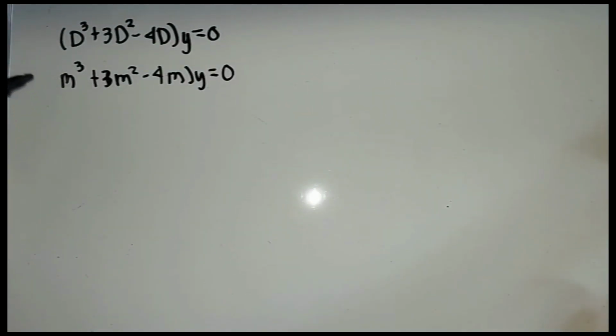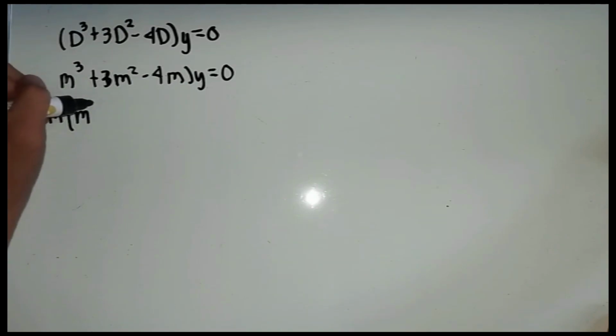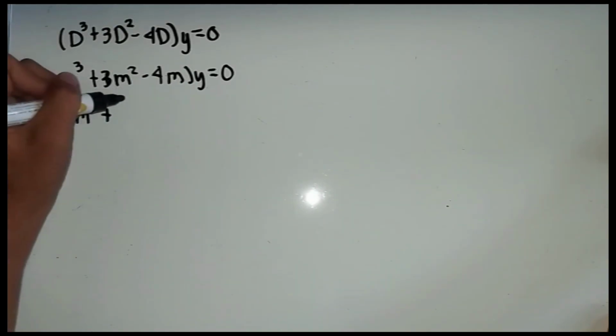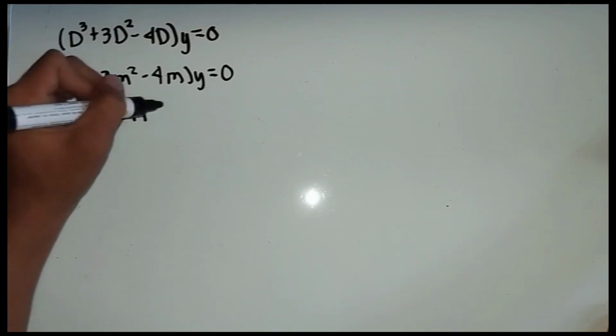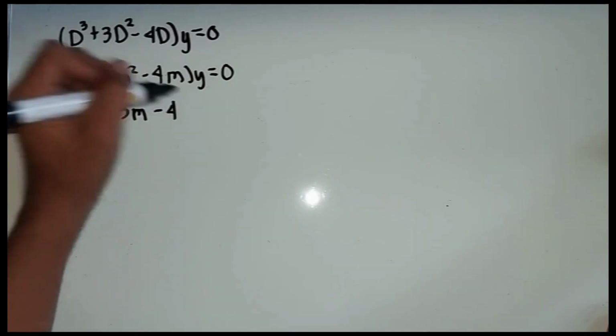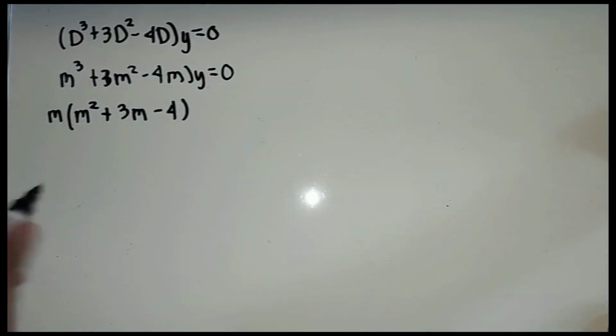So we have m times, since we factored out 1, we subtract 1 from the exponent. So we have m squared plus 3m minus 4.